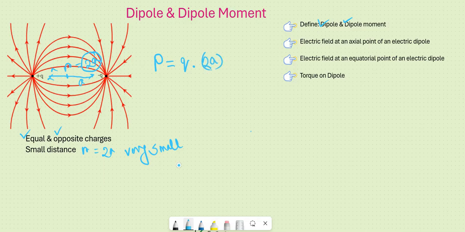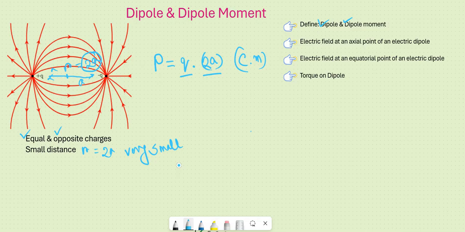It means the dipole moment is the product of the magnitude of either charge and the dipole length 2a. So the unit will be coulomb meter. This is the unit, right?